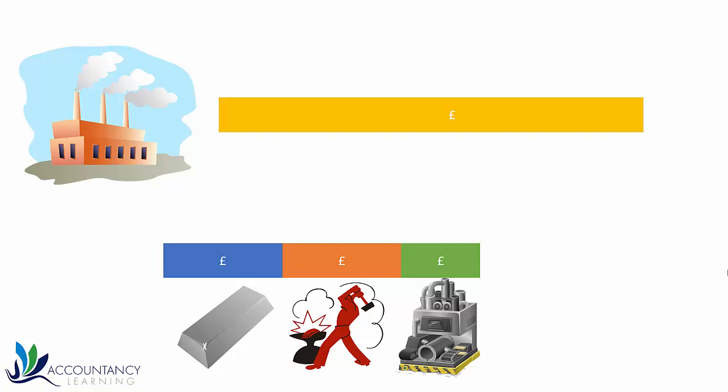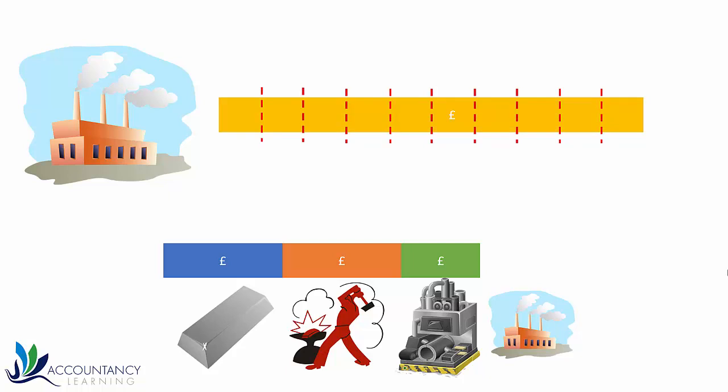Well, let's suppose that we're going to be making 10 units during the year. And so what we could do is just divide the cost of the rent into 10, and we'll just take 1/10 of the cost of the rent and include that in the cost of our inventory.